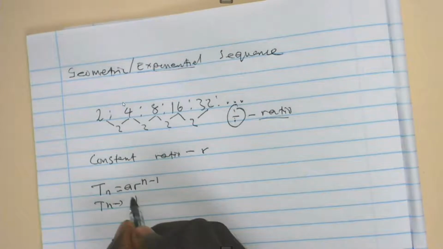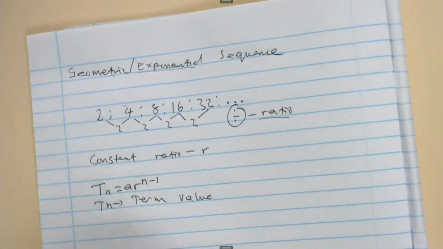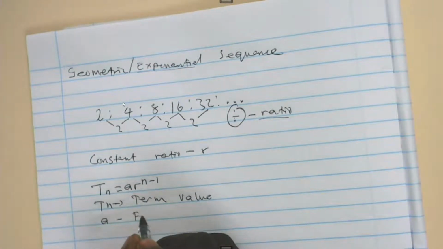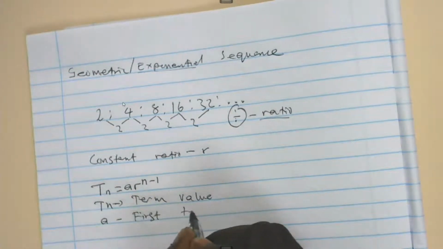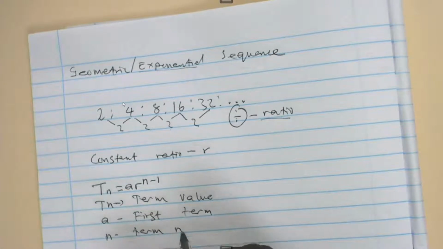Where in this case again Tn is the term value, a is the first term, n is the term number, and r becomes our constant ratio.